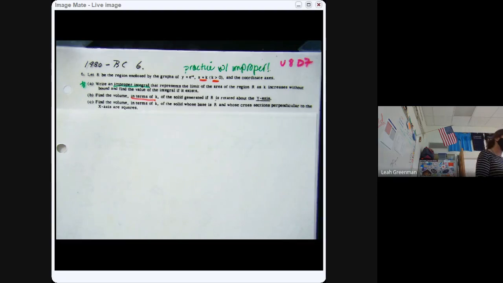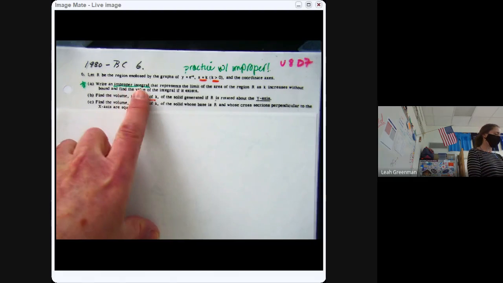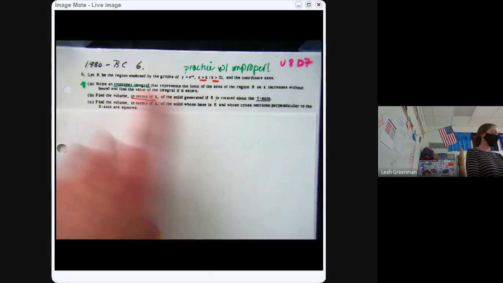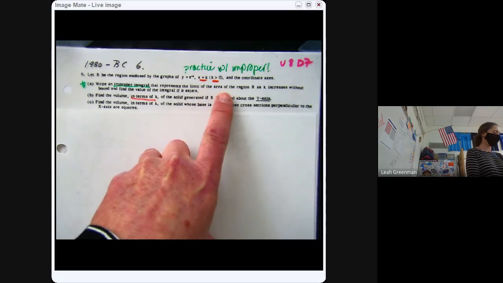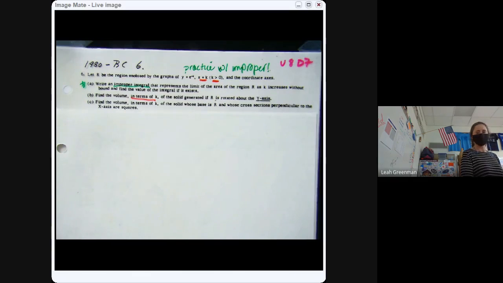All right, so take a look. Write an improper integral that represents the limit of the area of that region. What are you definitely going to do first here? Before you write that integral, draw the picture. E to the negative x.